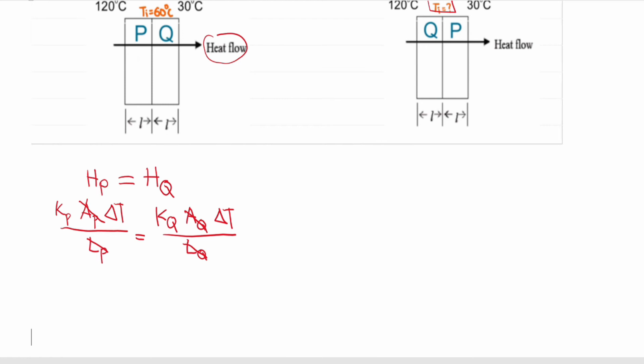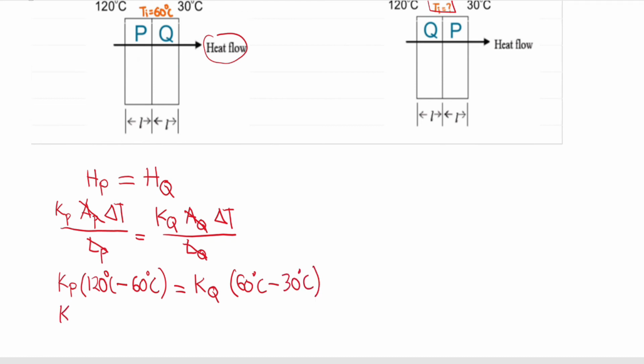Okay, we don't know yet the thermal conductivity for wall P, and the temperature difference for wall P is 120 degrees Celsius minus 60 degrees Celsius. Then the thermal conductivity of wall Q we don't know yet, and the temperature difference is 60 degrees Celsius minus 30 degrees Celsius.